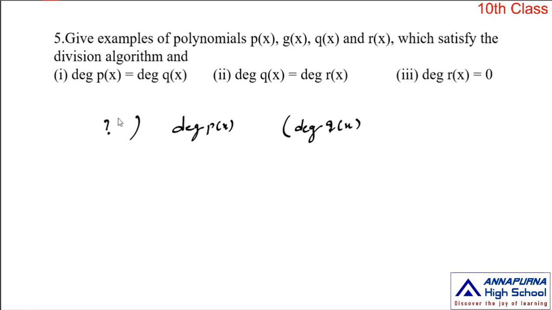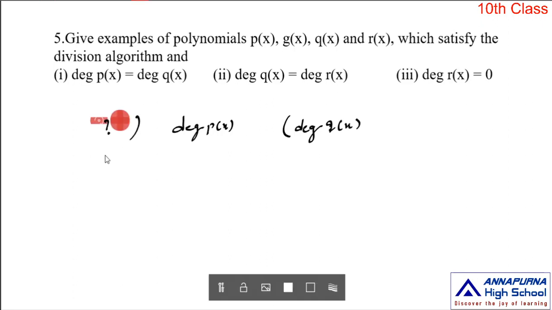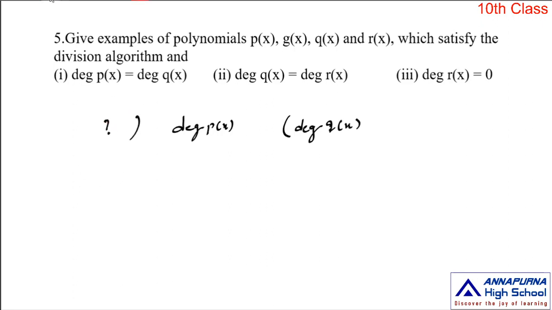Its degree is 0. Why? Because already we know the relation. What is the relation? Degree of dividend is equal to degree of quotient plus degree of divisor. So these two degrees are equal. So what happened to the degree of divisor? It is equal to 0. That means in this divisor you can take a constant number, that means a constant polynomial. Okay, so you can write your own examples. Just here I am explaining.